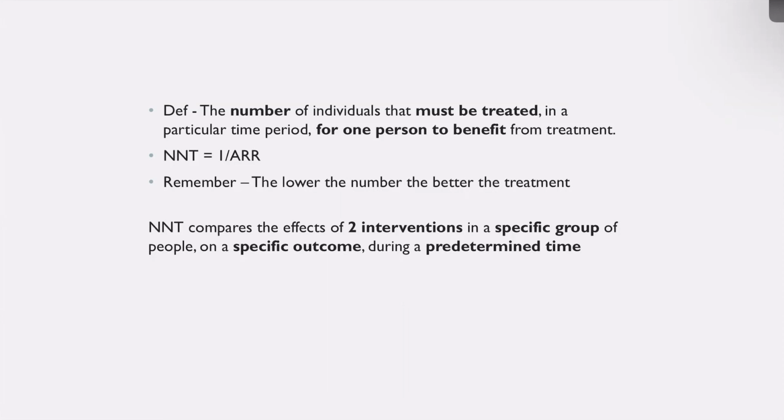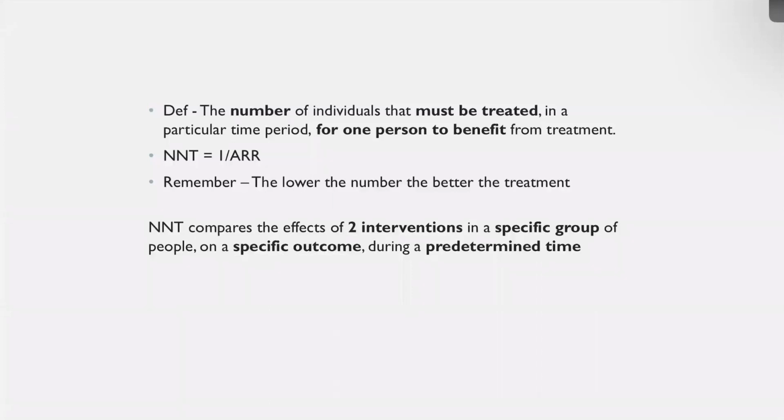But whenever you're calculating number needed to treat, you have to have these factors. It compares the effects of two interventions in a specific group of people. So you need two different groups with two interventions. You must have a specific outcome.